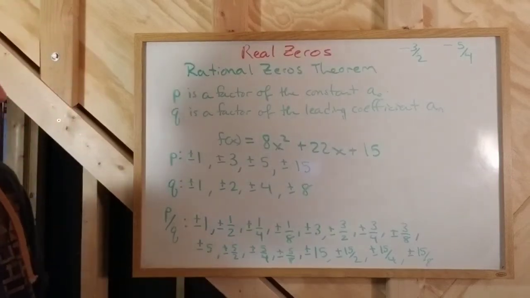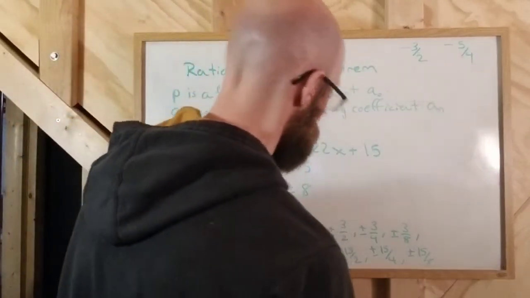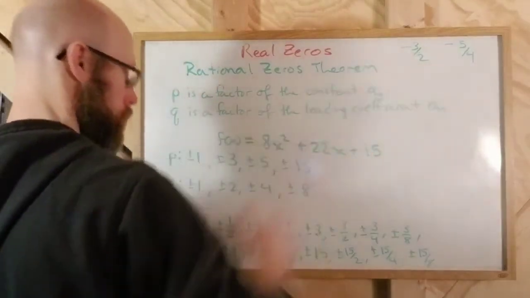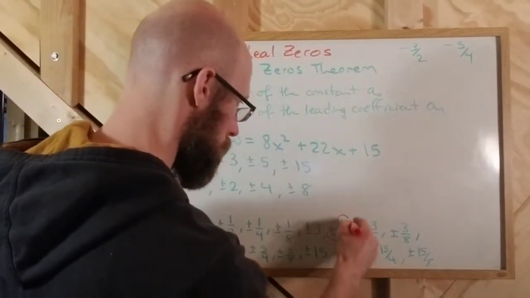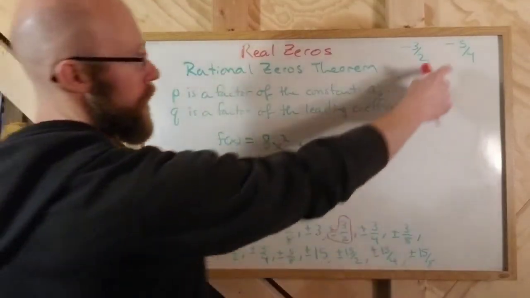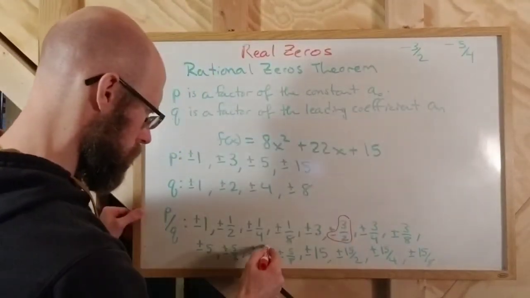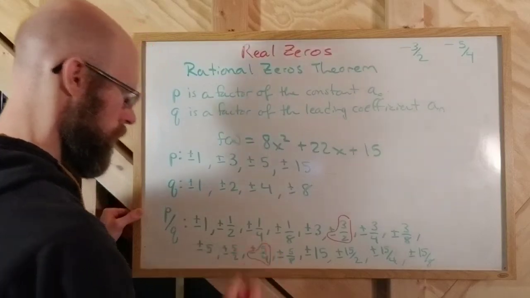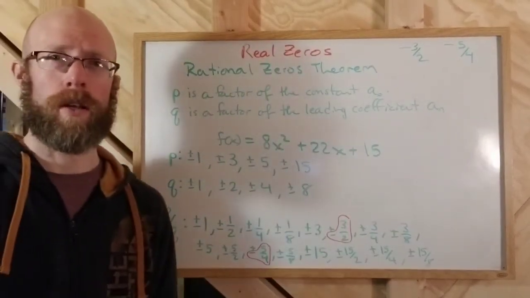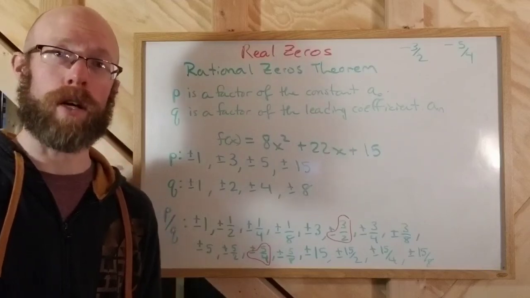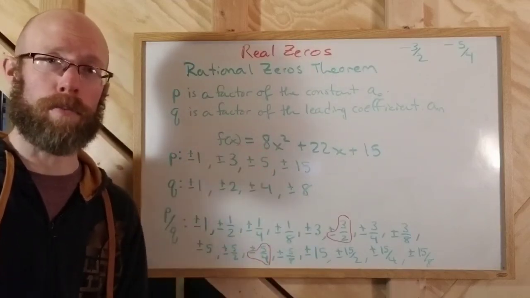In this case, the ones that will work are going to be negative 3 halves, which is on my list right here, and negative 5 fourths, which is on my list right there. Okay, so out of all those possibilities, those are the only 2 that will work. They will get 0 as an output when I plug them in.